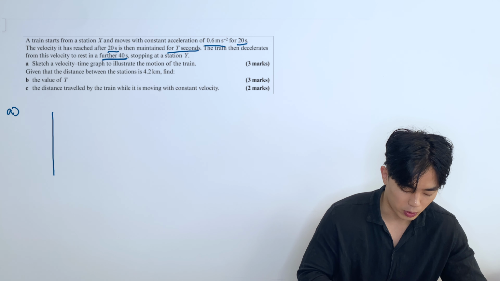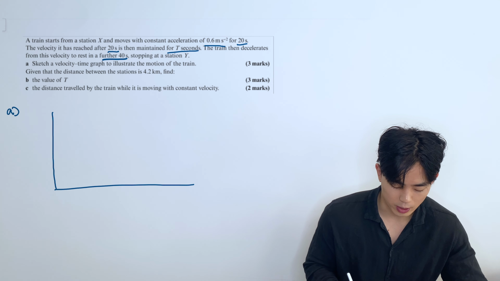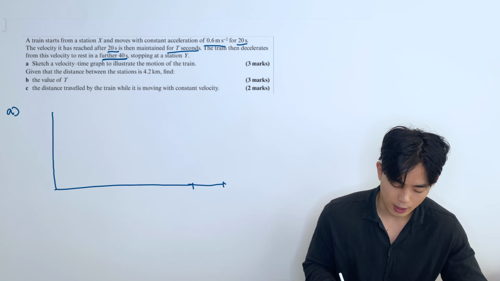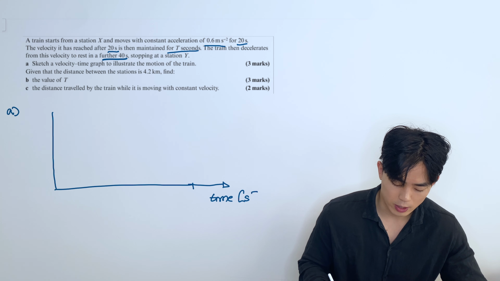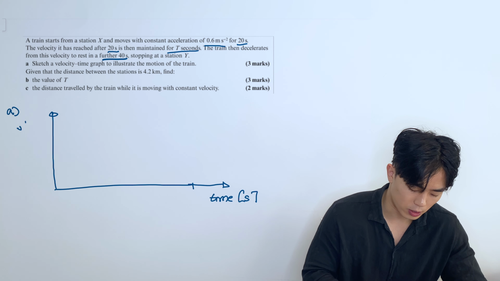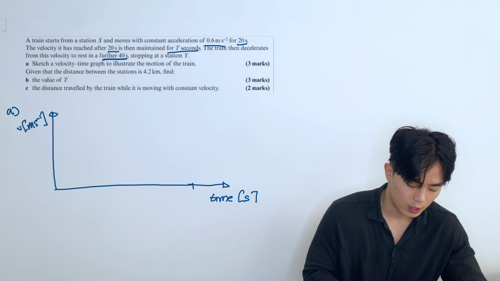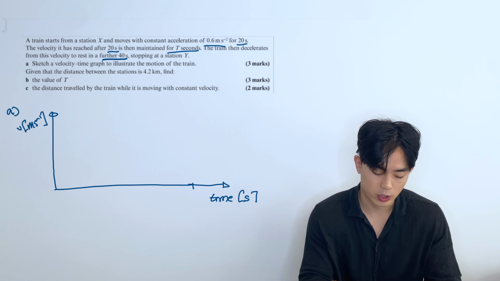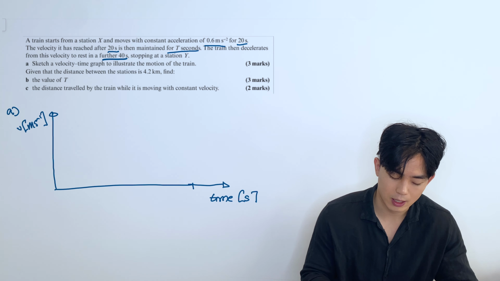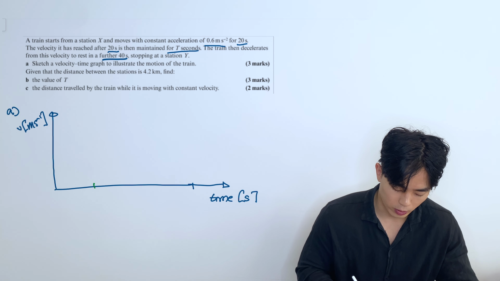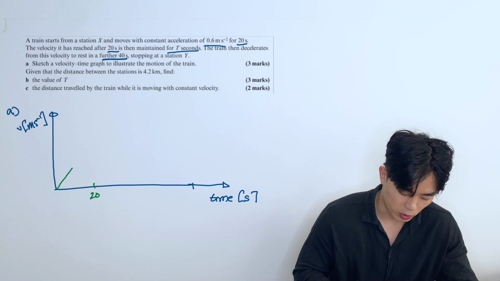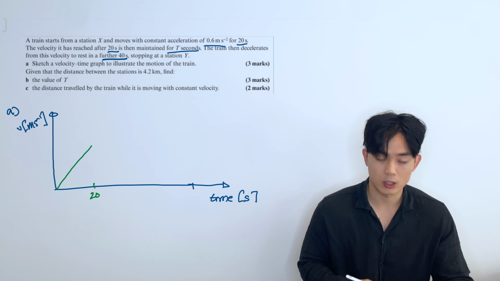First things first, we need to sketch the graph. On the x-axis, we're going to have time, units seconds. On the y-axis, we're going to have velocity, units meters per second. Let's break this out into each individual step. The first step says it's accelerating at 0.6 meters per second squared for 20 seconds, which means it's a constant gradient, a straight line up.